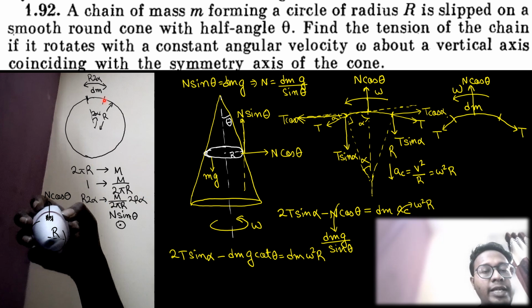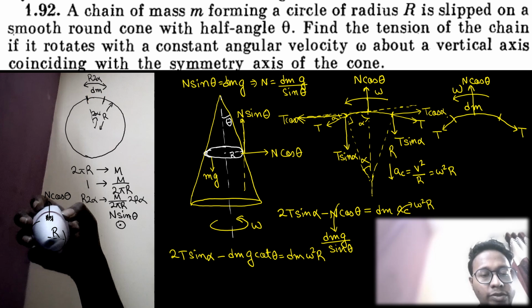So what I'm applying: if 2 pi r length of this ring has mass m, 1 unit of length of this ring has mass m by 2 pi r. So r into 2 alpha length of the ring contains mass m by 2 pi r into 2 r alpha. What is this length? This length was nothing but dm.